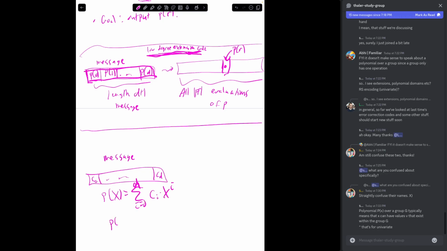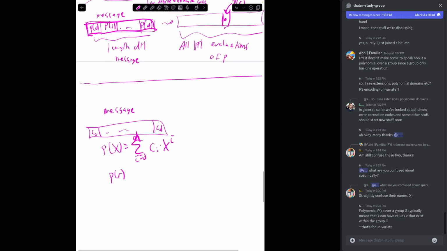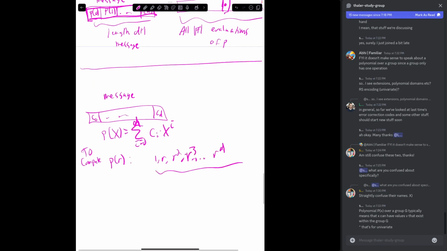If I want to know P of R, it's very obvious how I can do this in linear time. To compute P of R, I can compute 1, R, R squared, R cubed, up to R to the D, and in total I can write down all these values with just D minus 1 multiplications.